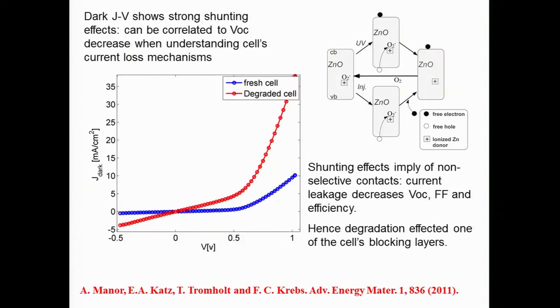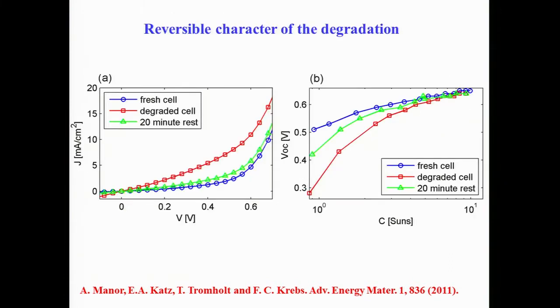We also measured dark IV and got direct confirmation of the shunting. Because it was observed only on zinc oxide containing cells, we decided that this is the well-known behavior of the zinc oxide layer, and if so, it should be reversible. And it is reversible.